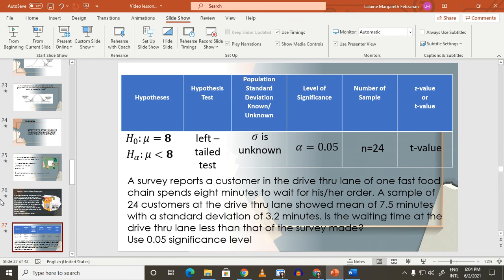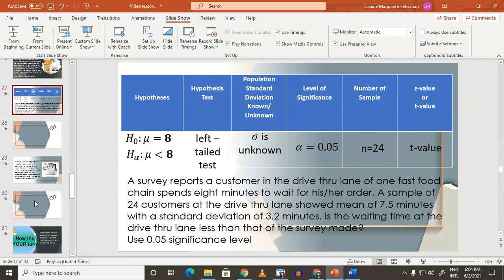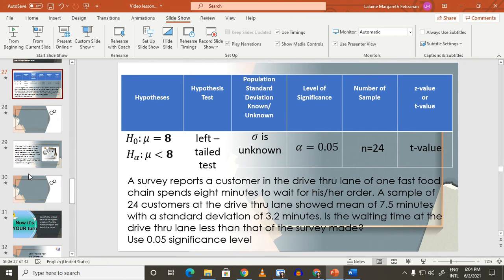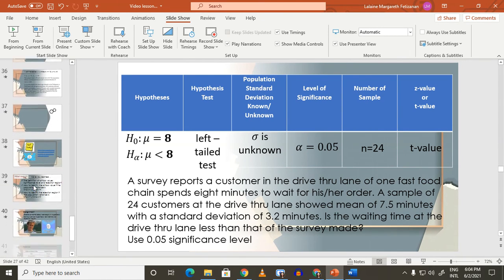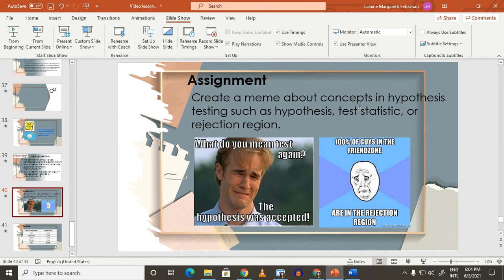Okay? So, yun lang ang lesson. At nandun sa inyong performance task, one of your performance tasks, ito po, yung mag-create kayo ng meme about concepts in hypothesis testing, such as hypothesis testing or rejection region.